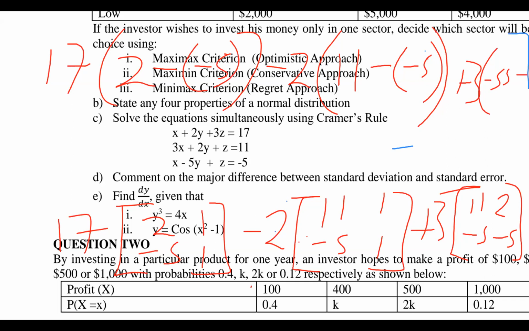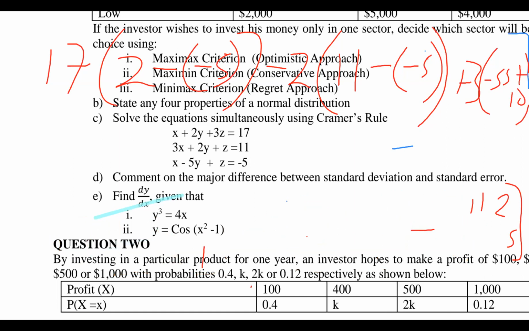Plus that negative, it becomes just positive, right? Yes, it shall be plus 10 here. Okay, plus 10. Then we can go on now straight and say 17 times, this gives us 7, right? 2, negative negative positive, so it will be 2 plus 5. That should give us 7, right?